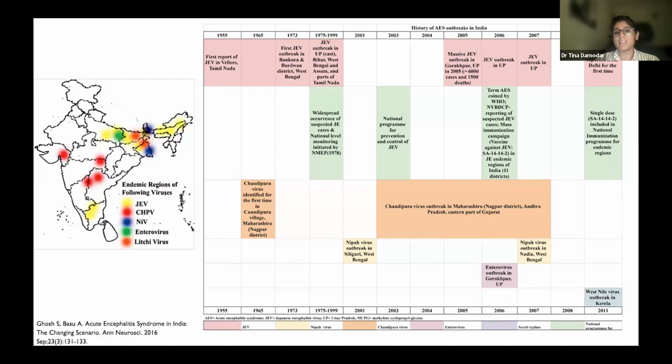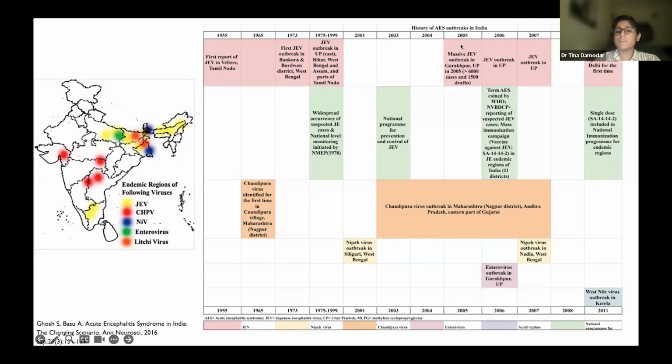Thereafter, between the 1970s till 2000, there were repeated outbreaks in the north and northeastern belt, particularly in Uttar Pradesh, West Bengal, Assam. Although we had other causes of encephalitis, that is Chandipura, Nipah, enterovirus, West Nile. However, till 2010, I would say Japanese encephalitis was in complete limelight.